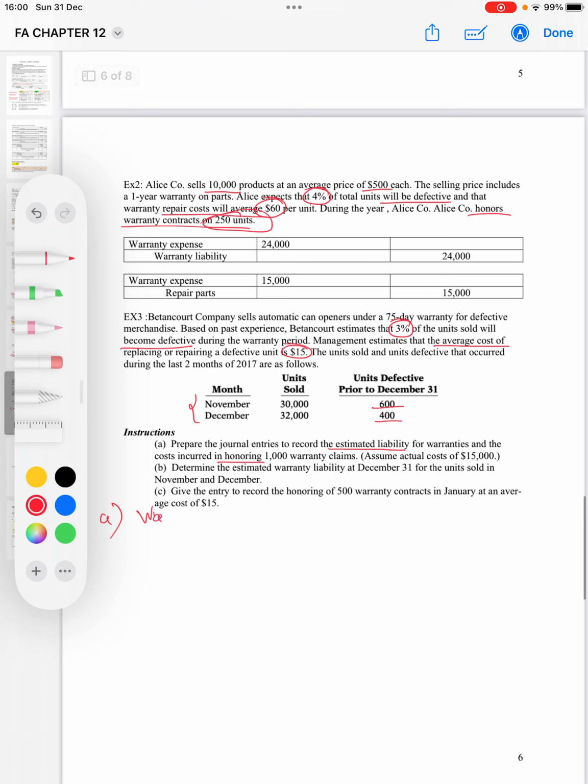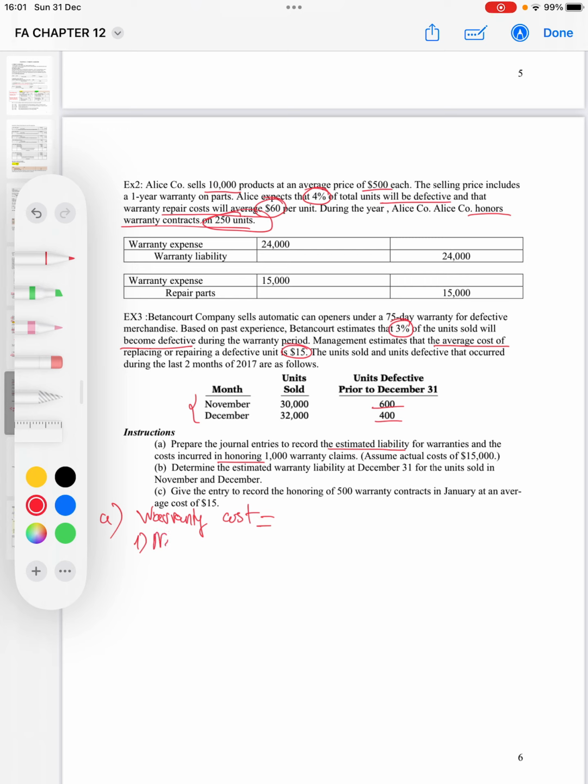So warranty cost equals the total units sold multiplied by the rate of defective units and multiplied by the average unit cost. But in this example, you have 2 months, right? So I will classify it into 2 months.